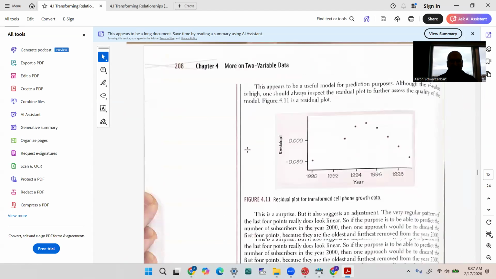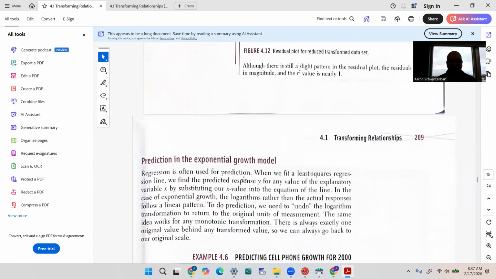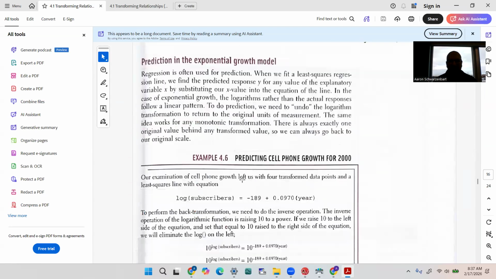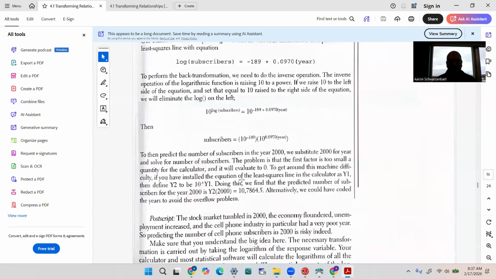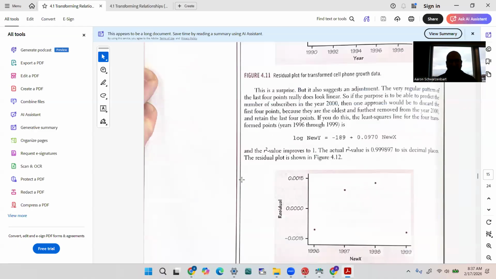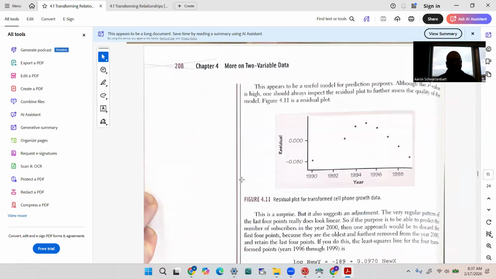So for a power law, remember, quick before we go, how do we check if something should be linear? Linear regression is good. We have what in the residual plot?